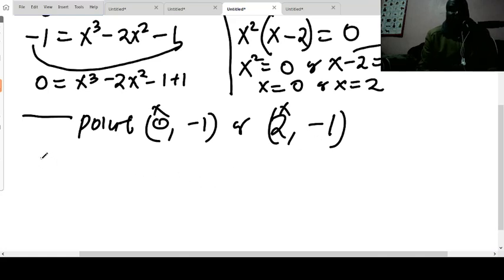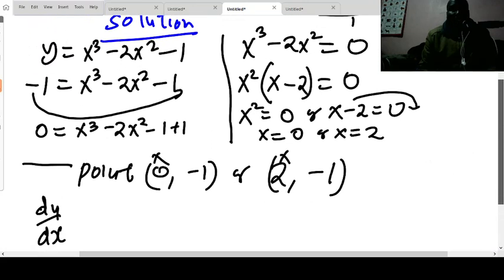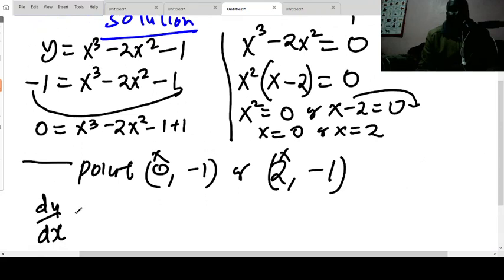Now the gradient function is given by dy over dx. Now we will go back to our y. Our equation is y. Let us get the gradient function here, which is equal to, differentiating this one, 3x squared minus 2, that is 4x, like that.